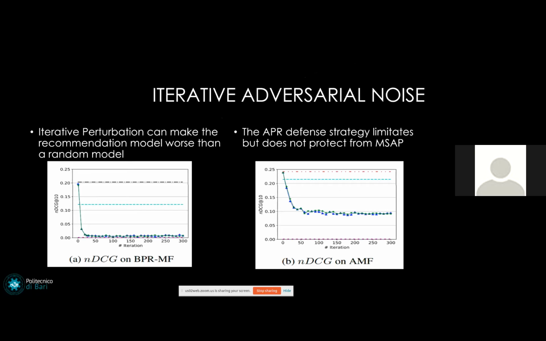This was integrated within BPR-MF, and we could show that these iterative attacks are so strong that they can worsen the recommendation quality to perform as badly as a random recommender system.